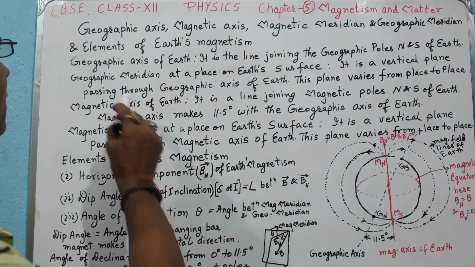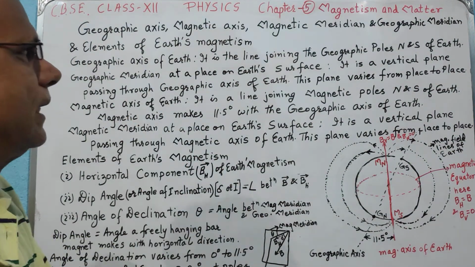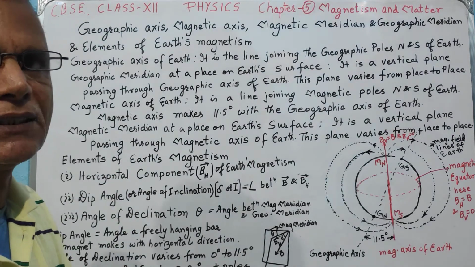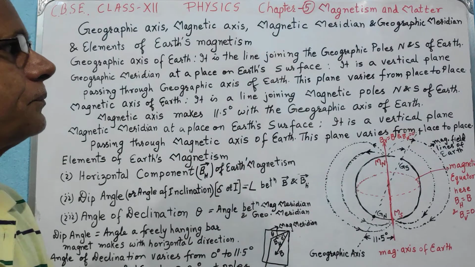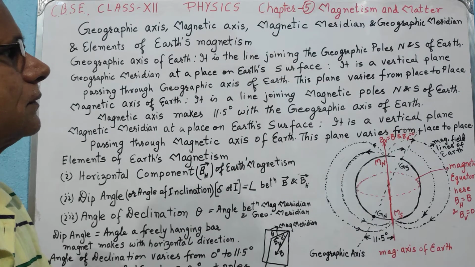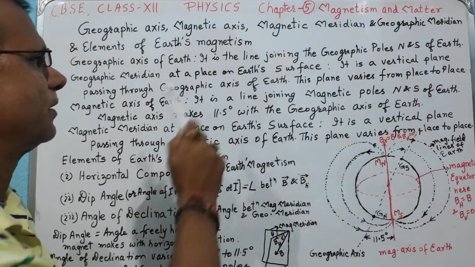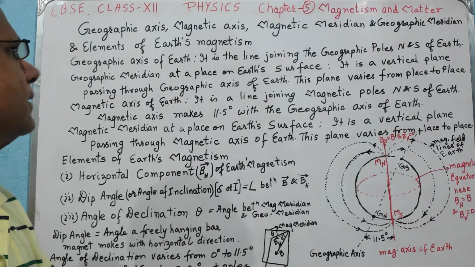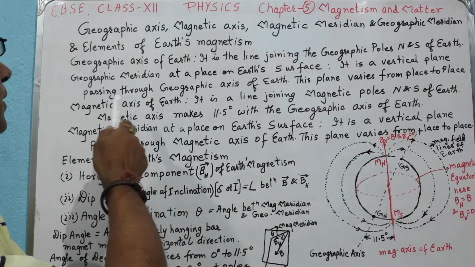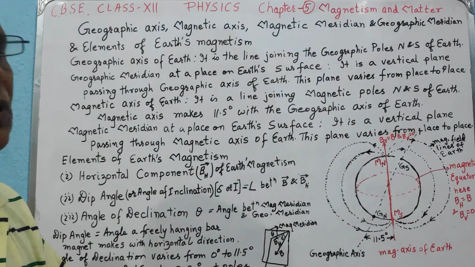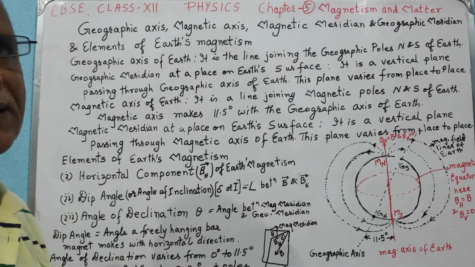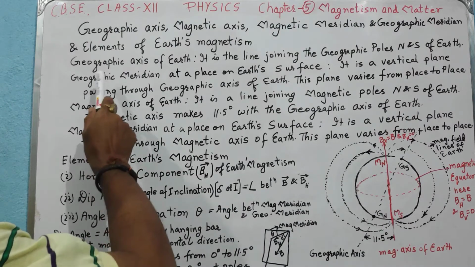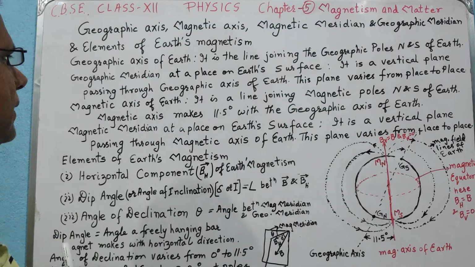Now, the geographic meridian at a place on Earth's surface is defined as a vertical plane passing through the geographic axis of Earth, and therefore, when we change the place, the plane of geographic meridian changes, because every different place has a different vertical plane. So this is the geographic meridian.